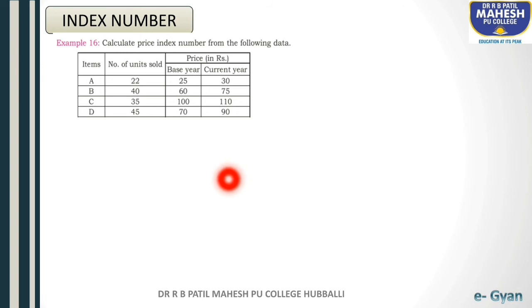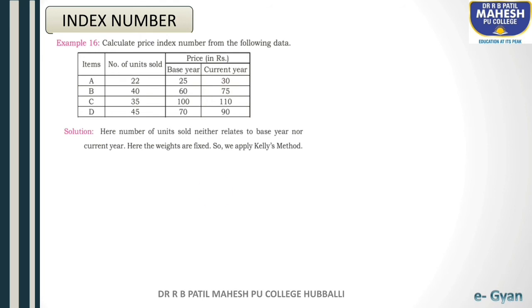Just read out the example. Calculate the price index number from the following data. In the first column, items are given. Next columns: number of units sold, price of base year, as well as price of current year. See students, here the number of units sold relates neither to the base year nor the current year.